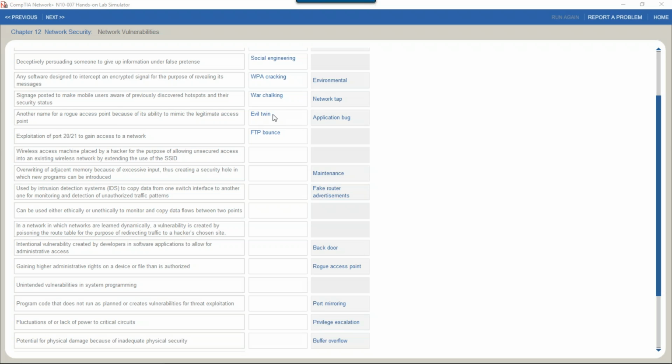So we can't put rogue access point here, right? So by process of elimination, this would have to be rogue access point. Because this is the very definition of what a rogue access point is, right? It's either this one or it's this one. But this one is another name for a rogue access point. So just keep that in mind.